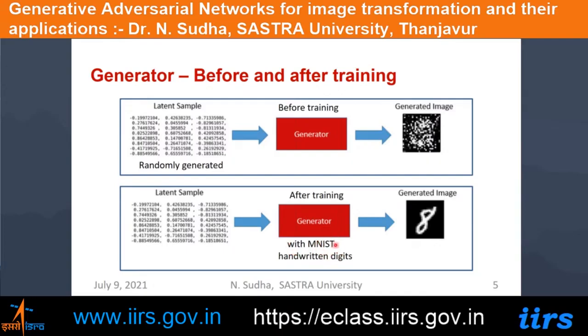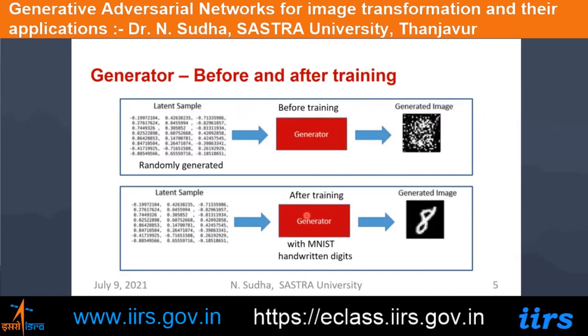So if you are training with a handwritten digit data set, then after some time, after getting trained, it will generate something close to that, even when you input a noisy image. So it is very useful for data augmentation, which is very necessary in deep learning, where we want to generate a large data set. In that case, you can generate samples like this.